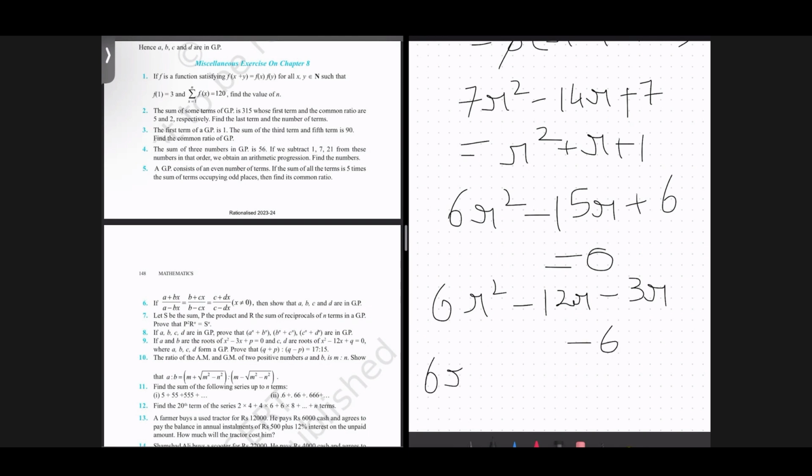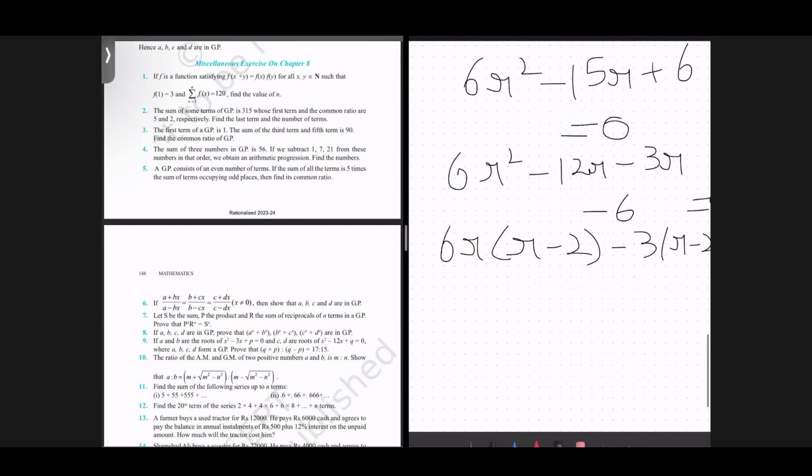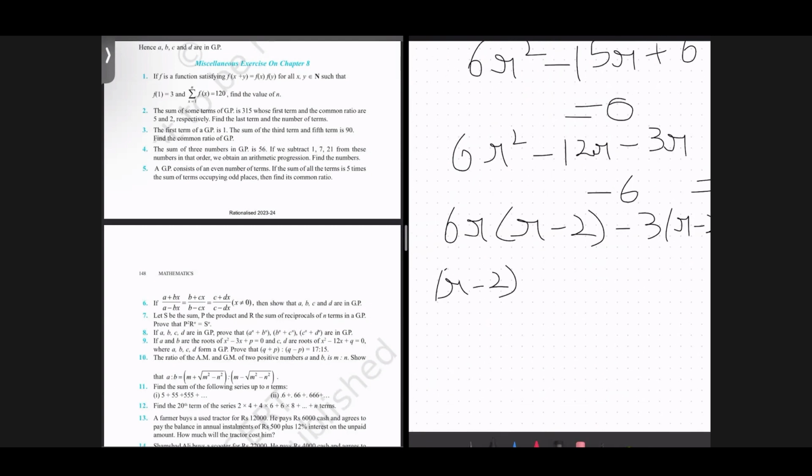Taking 6R out common, you have R minus 2, and minus 3 out common, you have R minus 2 equals 0, right? So we have R minus 2 into 6R minus 3 equals 0. So R can either be half or R can be 2, right?